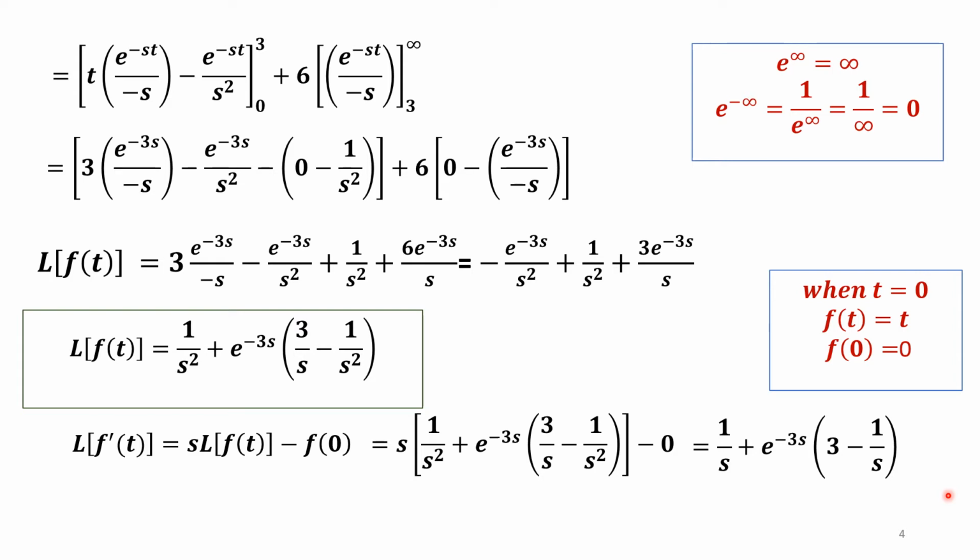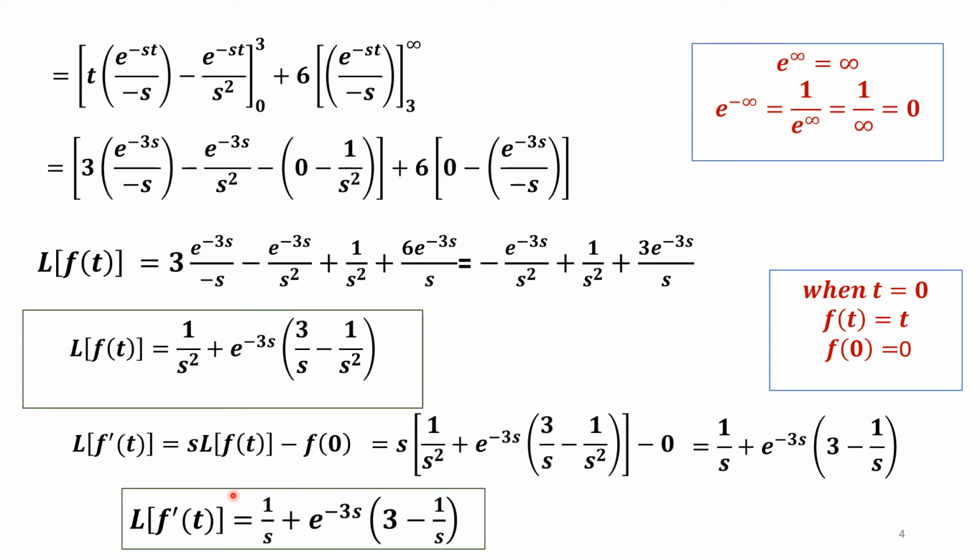So we were asked to calculate L of f dash of t, and we have calculated L of f of t by using the basic definition of Laplace transform, integrated the functions and then applied the upper limit, lower limit and then substituted that L of f of t in the formula for L of f dash of t. So L of f dash of t is equal to 1 by s plus e raised to minus 3s into 3 minus 1 by s.